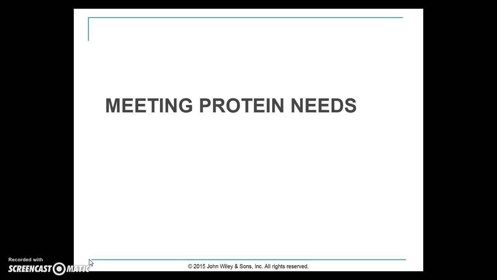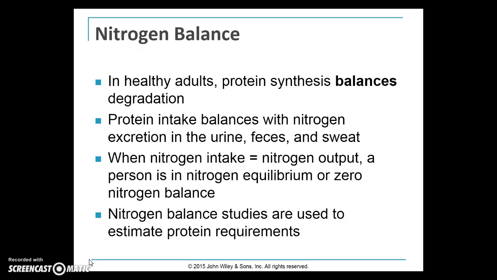So how much protein do we need then? We need to balance the amount of protein that we need for building muscles and all of the things that protein does in our diet. So we need to balance it with the amount of nitrogen that we excrete in the urine, feces, and sweat.